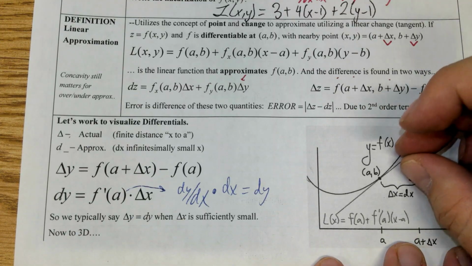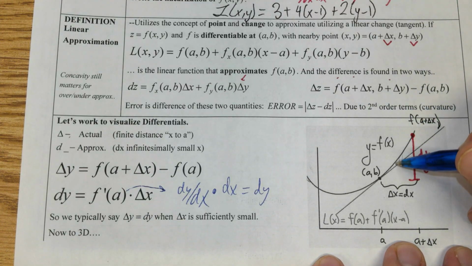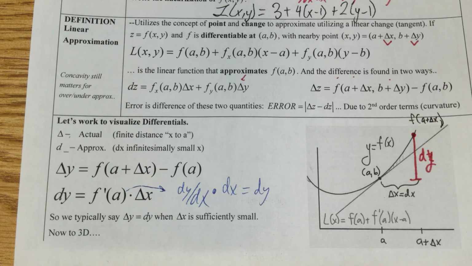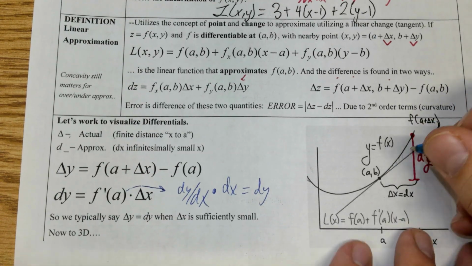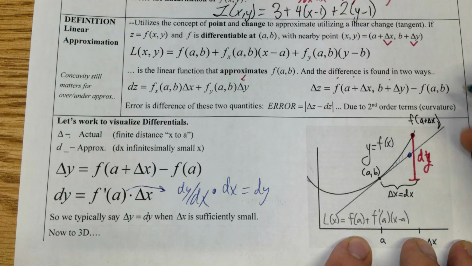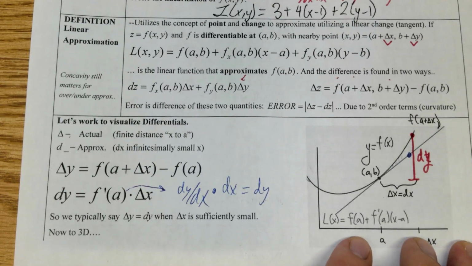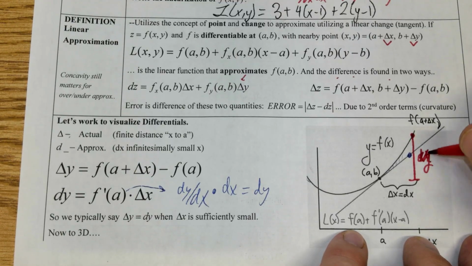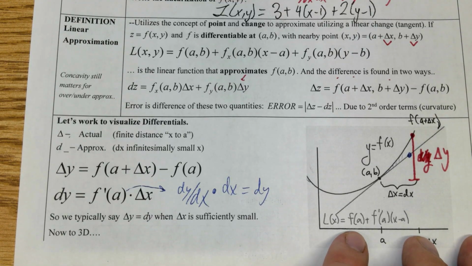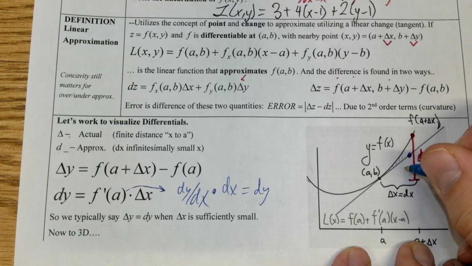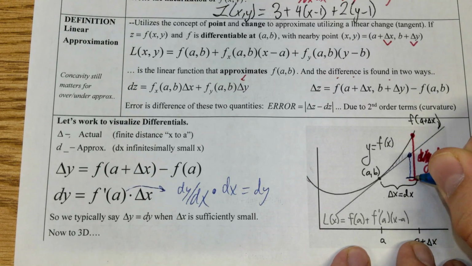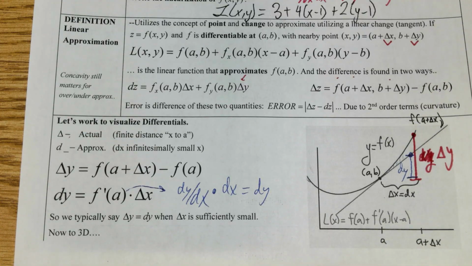So as we get closer and closer, this distance gets smaller and smaller until we assume there's basically no distance. And if I'm labeling, oh, what a crime against humanity. I can't believe I did it. This is delta y. Shame. The coordinate minus the coordinate is delta y, where the approximate minus the actual is dy.